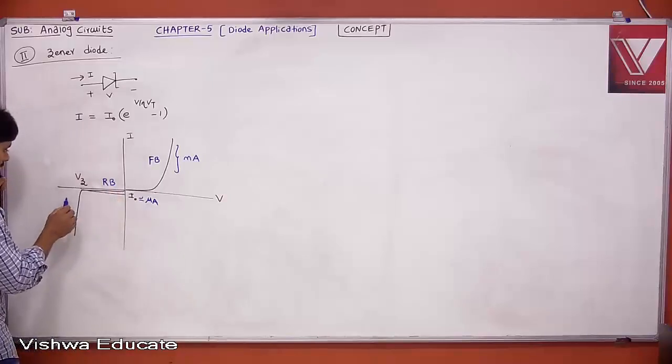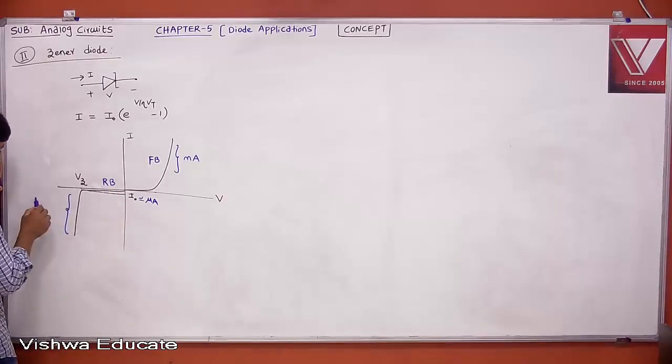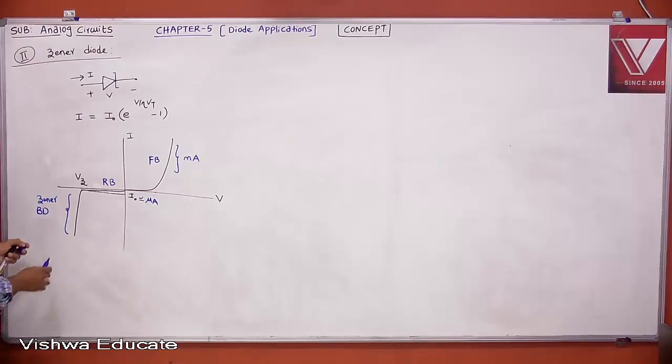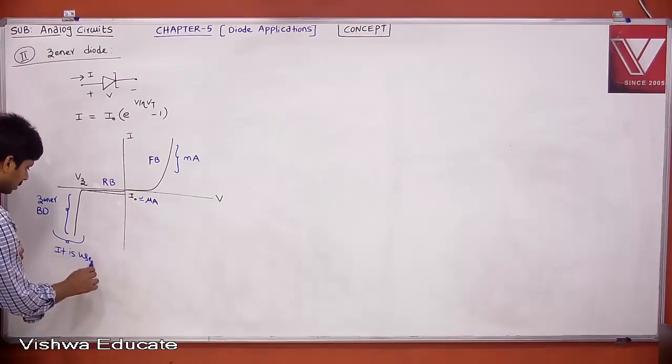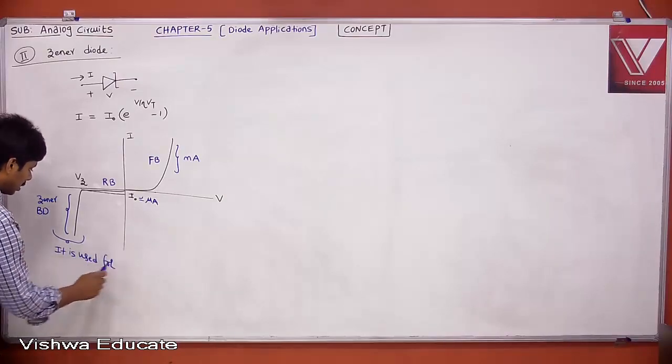But now this is your avalanche breakdown, sorry, Zener breakdown. We try to operate here, therefore it is used for regulators.